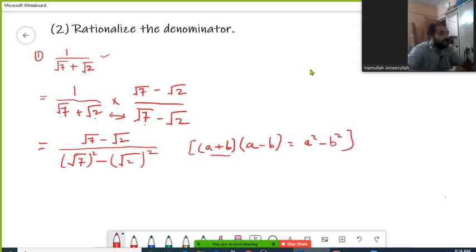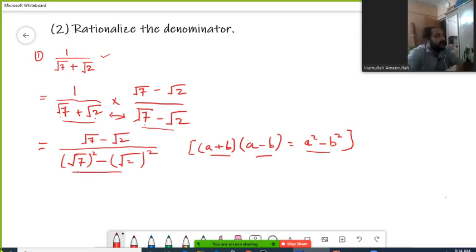So this is a plus b and this part is a minus b. When you multiply a plus b, a minus b, it should be a square minus b square.